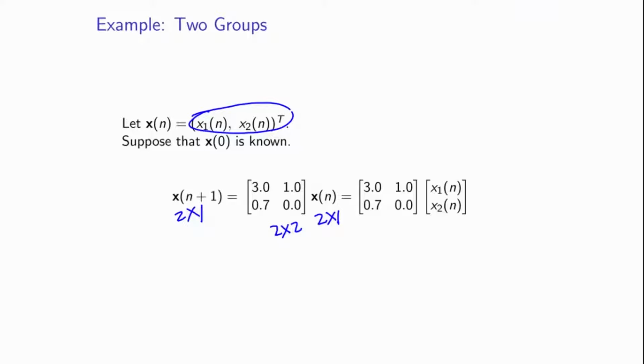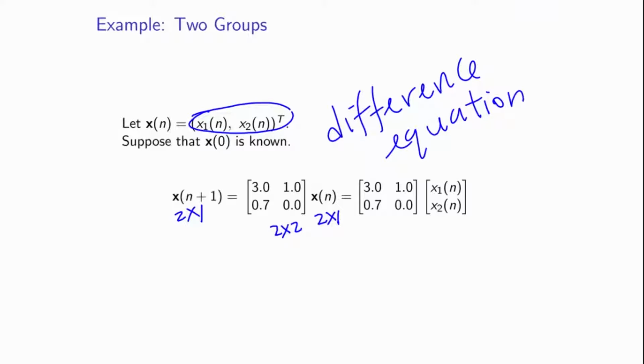And the fact that this is written instead of differential equations is written as a recursive formula. Sometimes this is called a difference equation. Instead of differential, it's called difference equation. It's also a recursive formula.